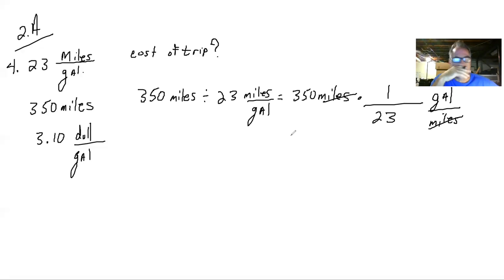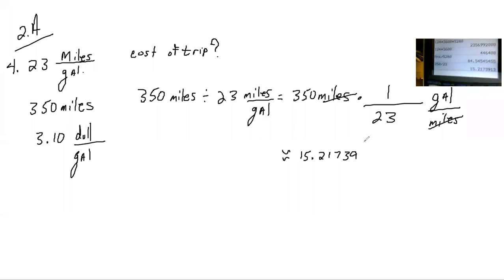So when I use my calculator, I'm going to put approximately here, and carry it out to a whole bunch of decimal places. 15.21739. Okay, I took it out 5 places. But actually, what I would do on my calculator is just leave it there. I know this is now gallons.